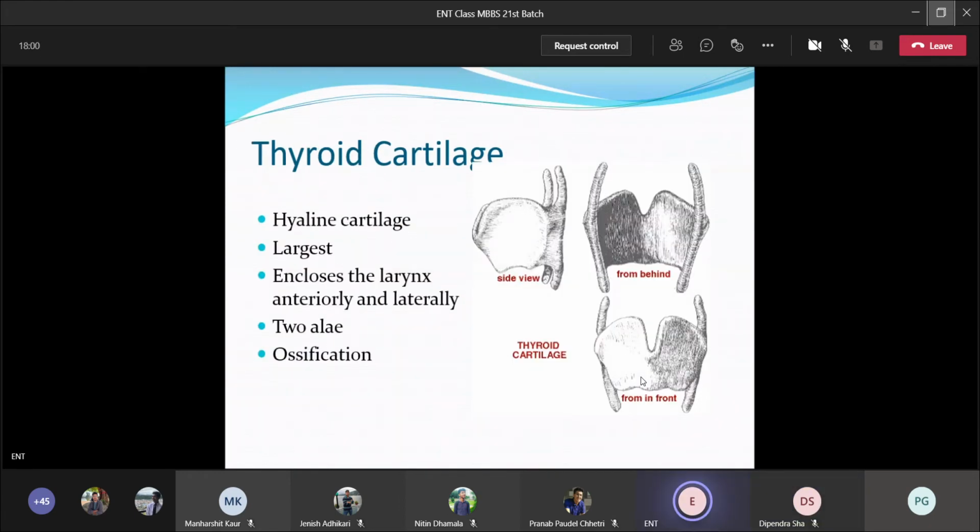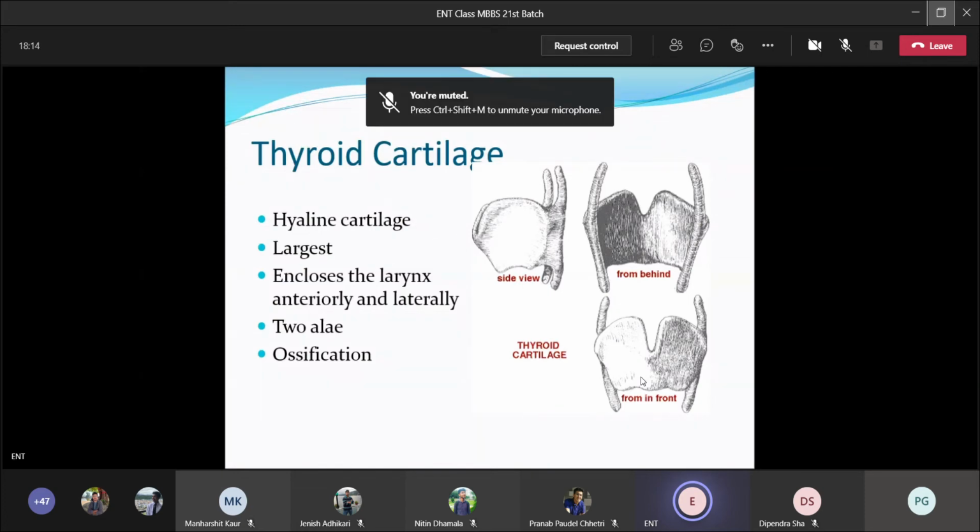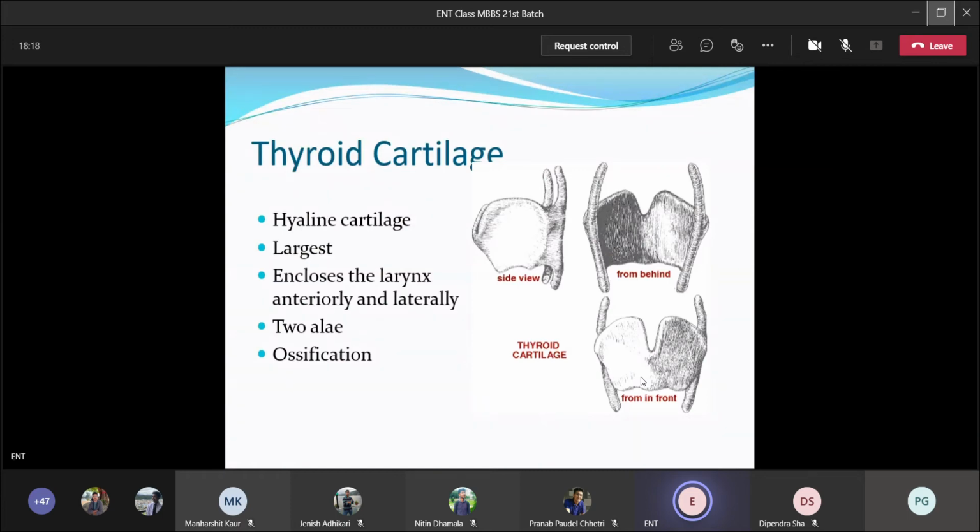So now you look at the thyroid cartilage. The diagram shows the side view, from behind and from in front. This is the thyroid cartilage. There is a red line labeling it.